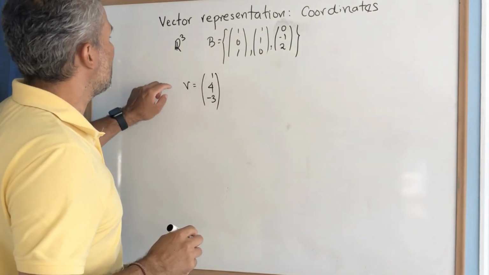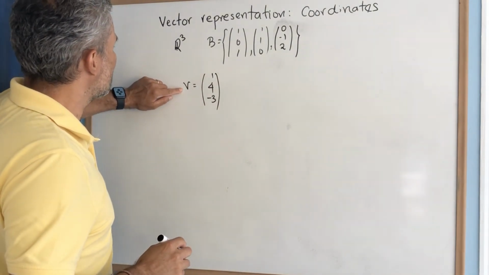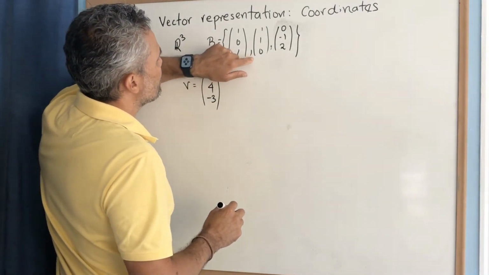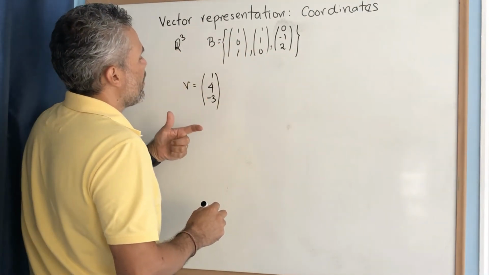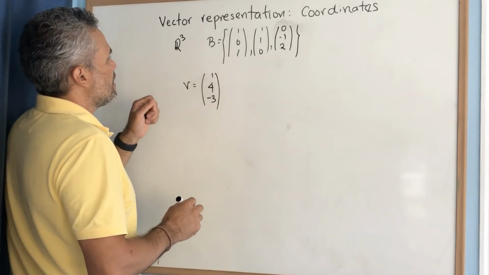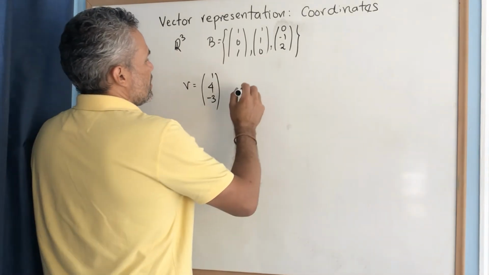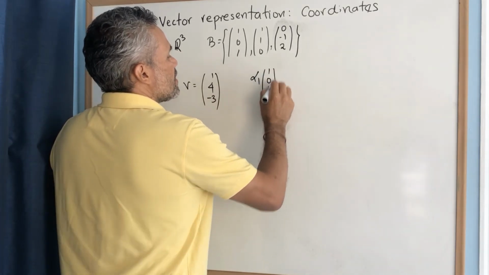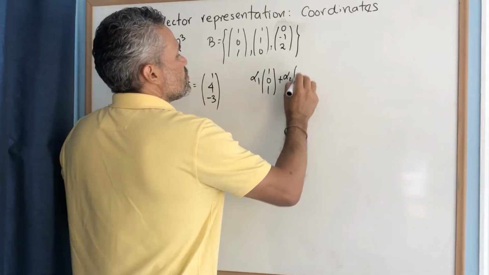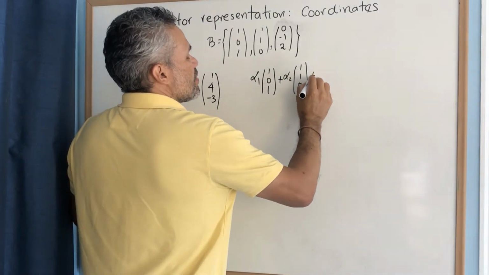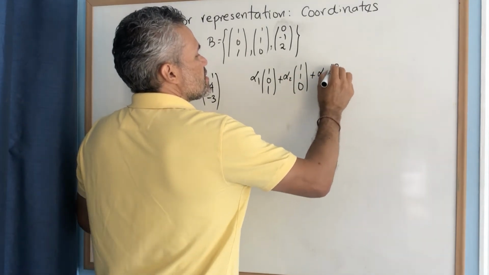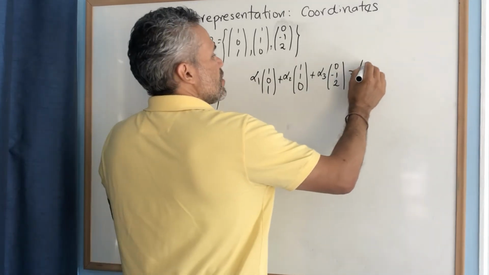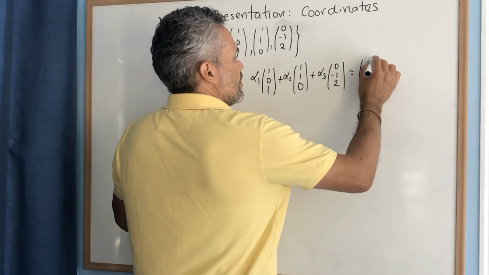Then, in order to find the representation of this vector with respect to this basis, we need to write this vector as a linear combination of these three vectors, and the weights are going to give us this representation, or the coordinates. Let's do that. We write alpha 1 (1, 0, 1) plus alpha 2 (1, 1, 0) plus alpha 3 (0, negative 1, 2) equal to (1, 4, negative 3).